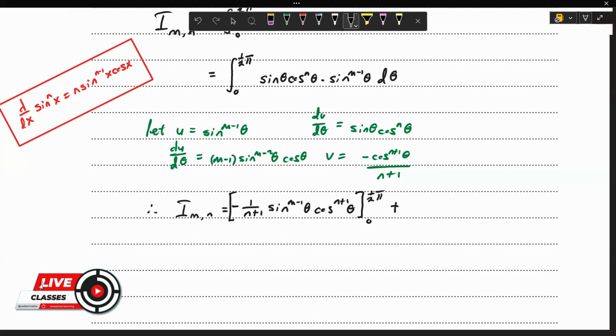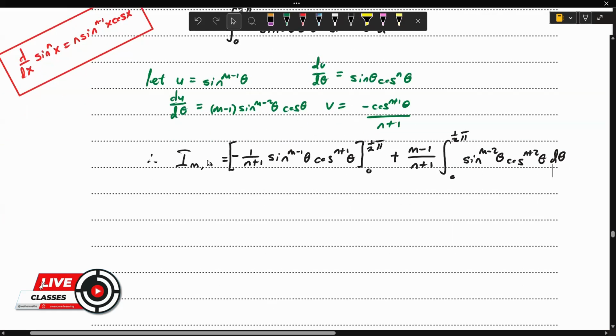So there has to be a plus due to this minus, and the constants, we factor them out, and we have m minus 1 over n plus 1 of the integral from 0 to a half pi of what remains: sine to the m minus 2 of theta, and for the cos, it will be cos to the n plus 2 of theta with respect to theta after adding up the powers. All right. So this is where we are.